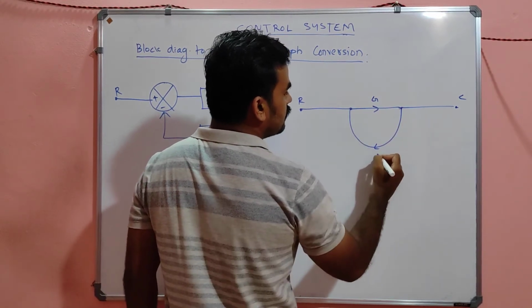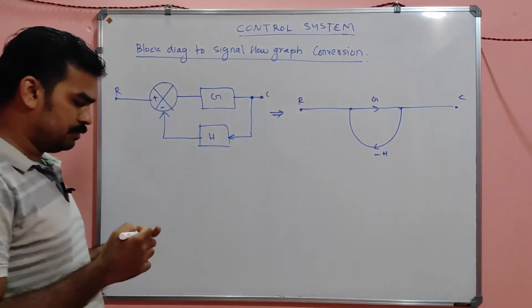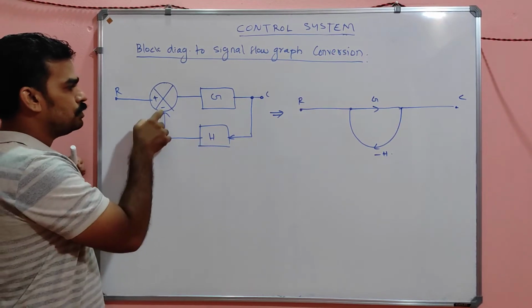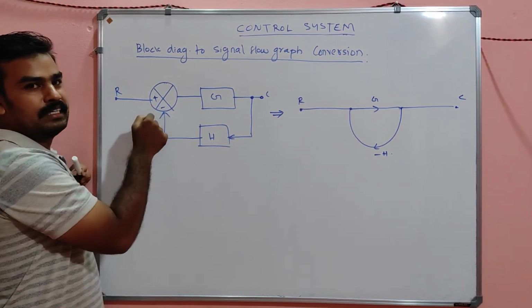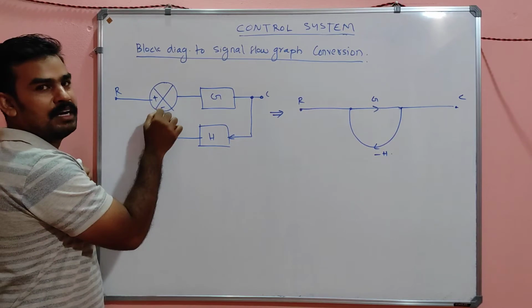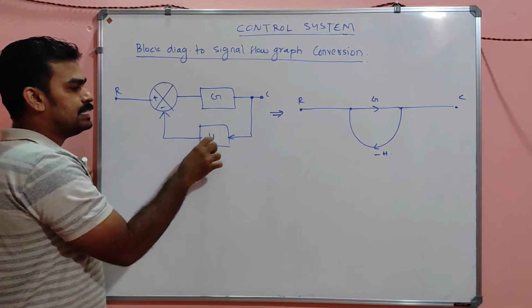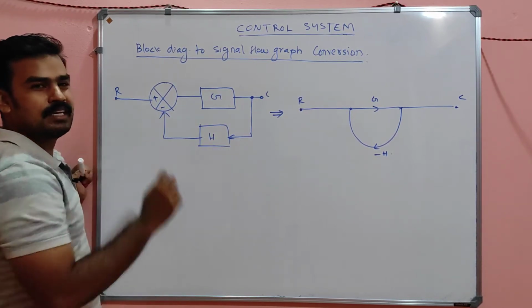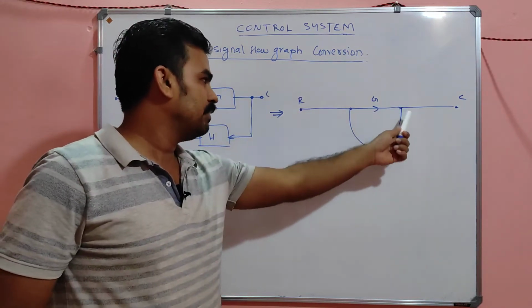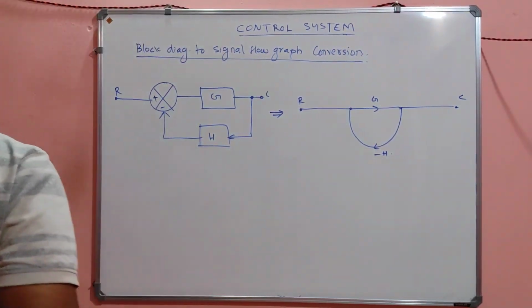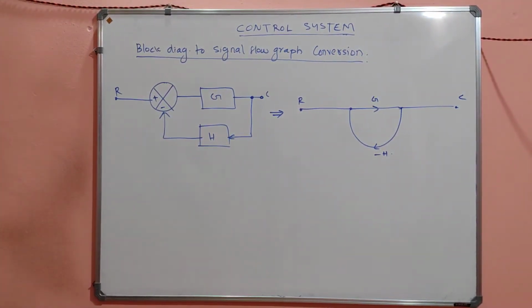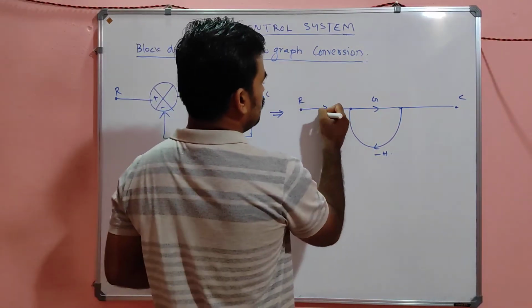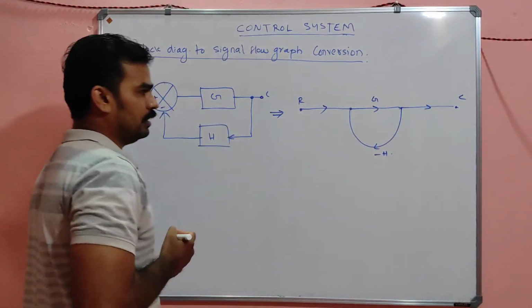I can represent that as minus H, because this is given to the inverting terminal, the negative terminal of the summing point. So when you consider the loop, you consider it as minus H, and that is all about the signal flow graph.